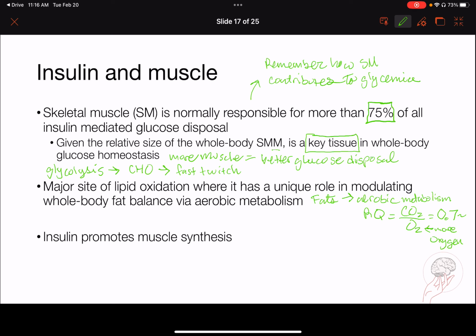And insulin is an anabolic hormone. We usually think of testosterone or DHEA as our anabolic hormones, but insulin is highly anabolic and it promotes muscle synthesis along with lipid synthesis and also glycogen storage.